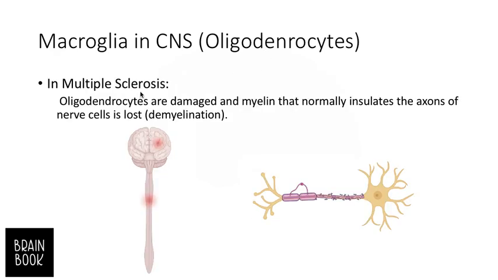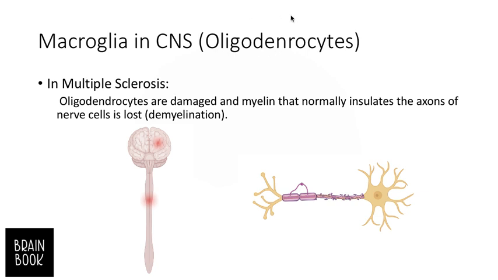It's very important to know that oligodendrocytes are key players in neurodegenerative diseases, including multiple sclerosis or MS in our central nervous system.